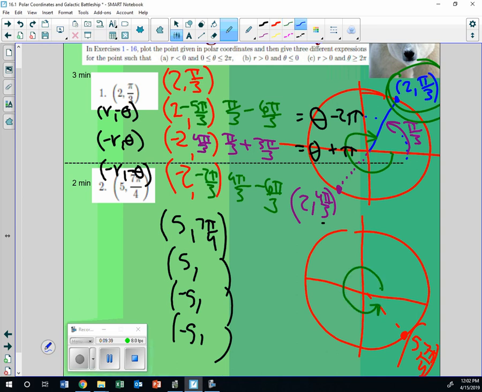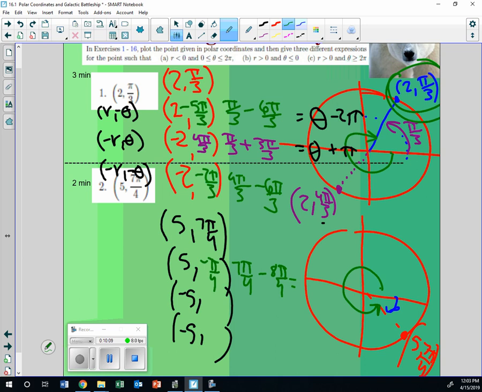So if I want to go the other way, it's going to be 5, go 7 pi over 4. I'm going to use the same colors though. 7 pi over 4 minus 2 pi. 8 pi over 4. Is that negative pi over 4? There you go. So that worked great.